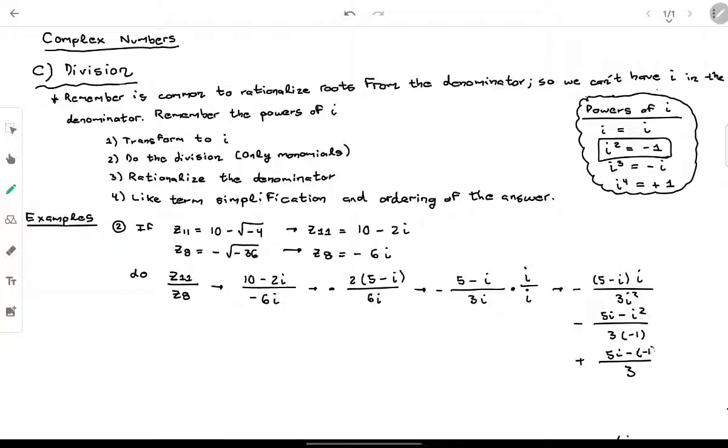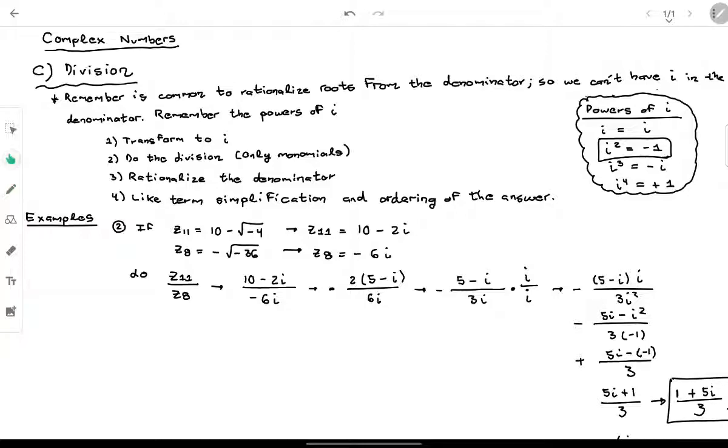We can change it to minus 1. So our final answer is going to be 5i plus 1, all of it divided by 3. And remember, the correct order is first the real number, 1 plus 5i, all of it divided by 3. And that will be my final answer.